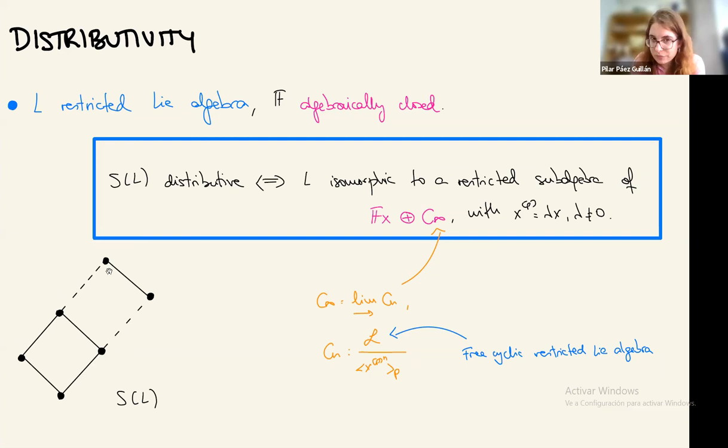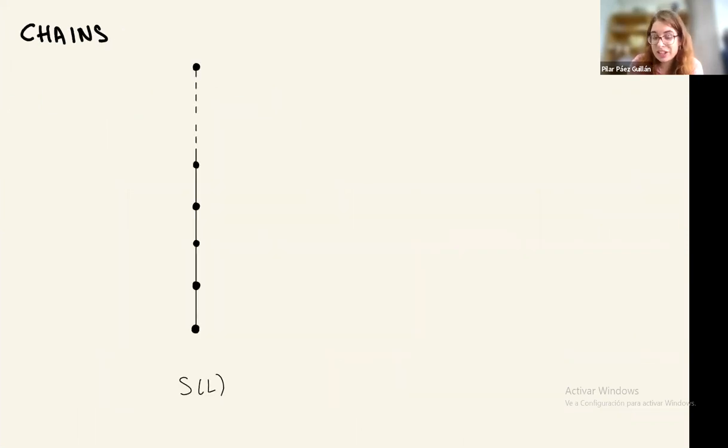At this point, you may ask, you're talking here about a ladder, which is a simple example of a simple lattice, but there is one example even simpler than a ladder, and it's a chain, just one side of the ladder. So what can we say about restricted Lie algebras which have a chain as a lattice of restricted subalgebras?